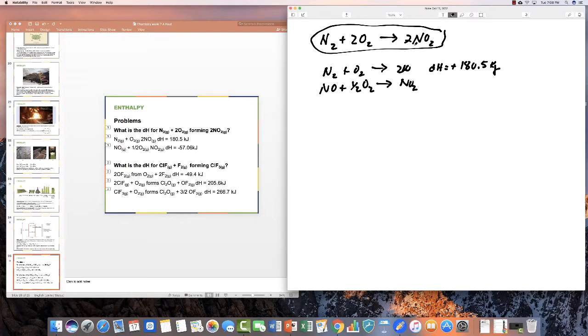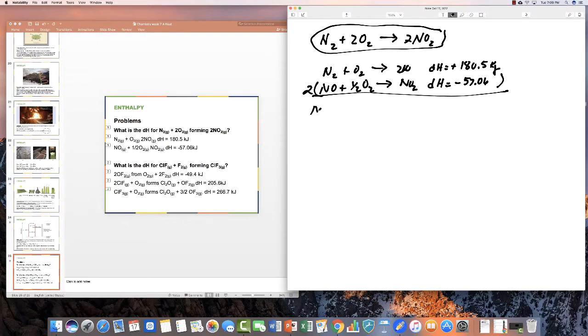Now, up here we want 2 NO2. We only have 1 NO2 here, so let's multiply this bottom one by 2. That DH there is minus 57.06.